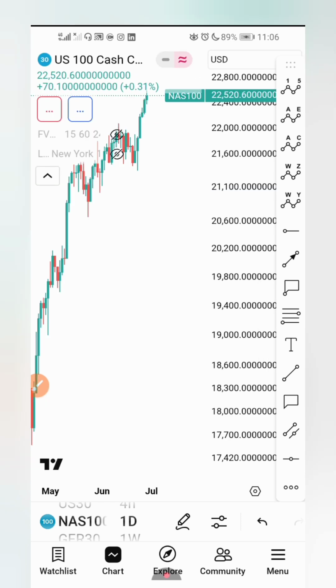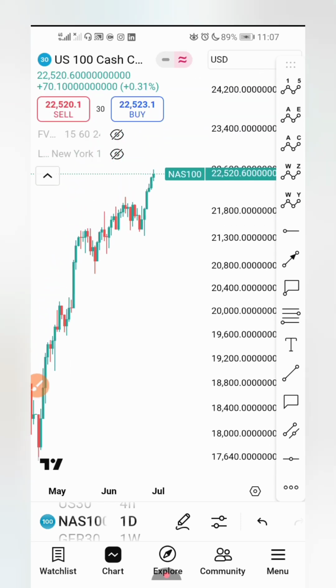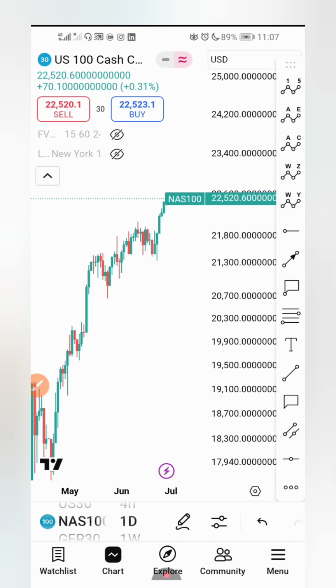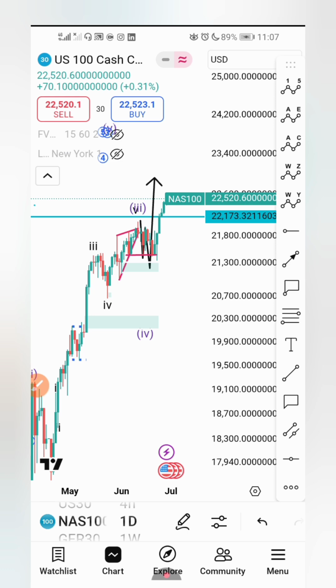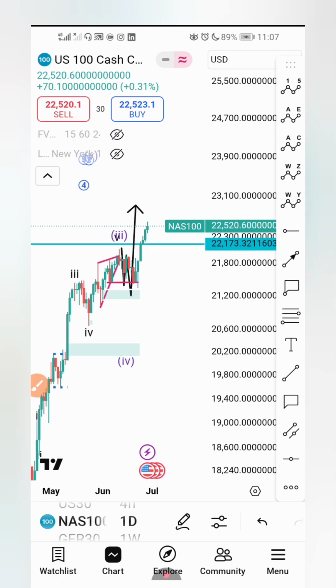I think almost the same thing with US100 NASDAQ. You can see how the pair did a zigzag correction here and cleared the liquidity.